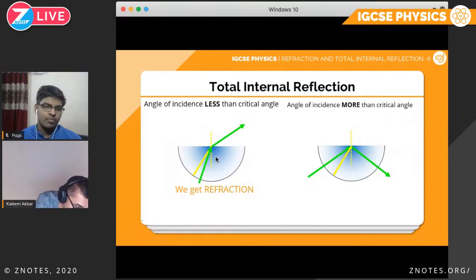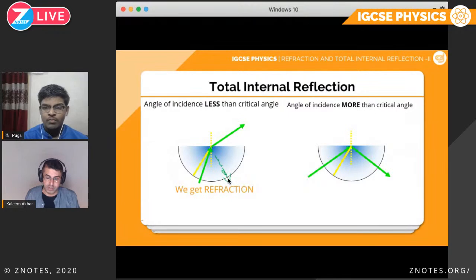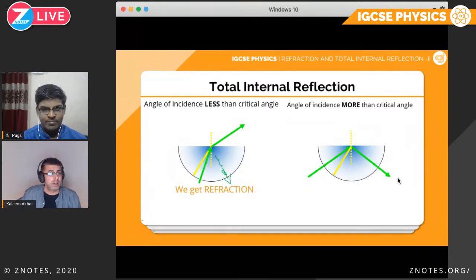There is a very, very weak, so I'm kind of doing it dashed, a very weak reflected ray. And the bigger I make that angle of incidence, that weak reflected ray gets stronger and stronger. And if I had the video ready today, I'm really sorry, you would have saw that yourself. You would have just thought, oh, look, there's this little ray, oh, and it's getting brighter and brighter and brighter, until such time you get total internal reflection.